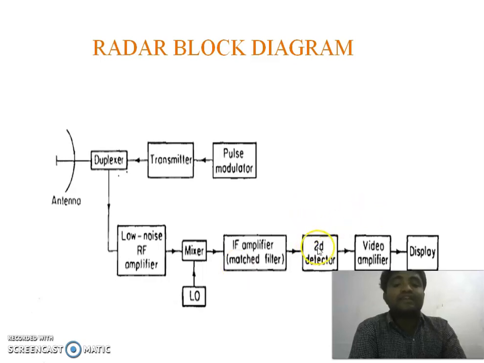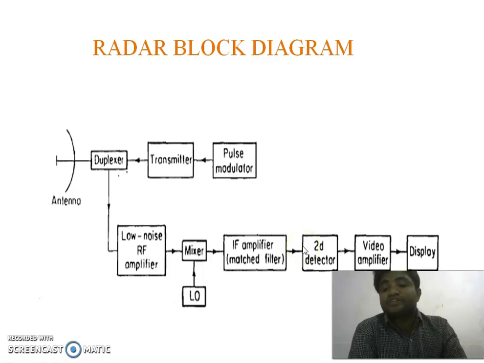The next block is the second detector. In the transmitter, the pulse modulator does the modulation. The reverse operation is performed by the second detector. Demodulation and detection are the same.